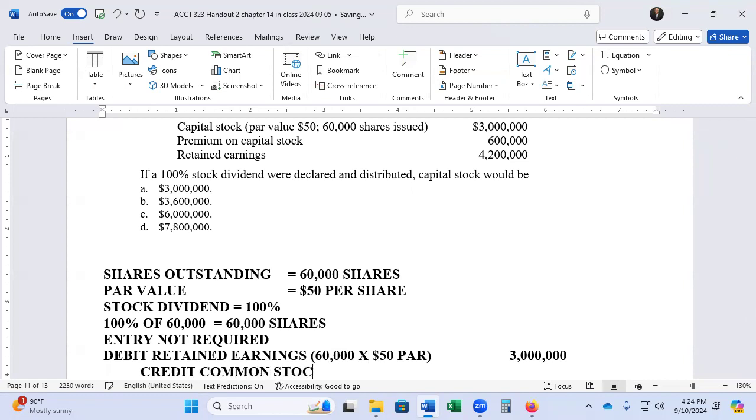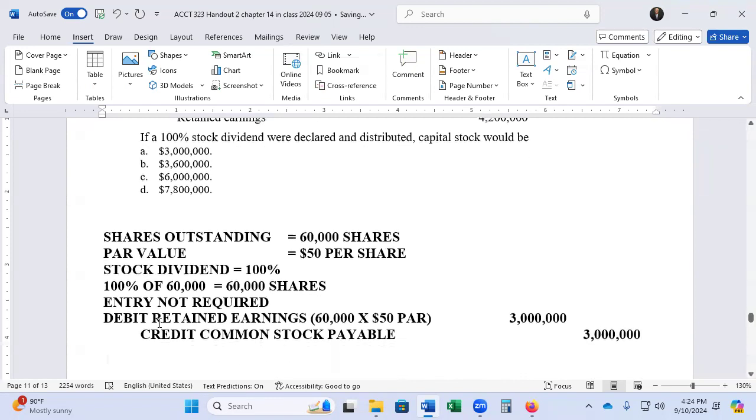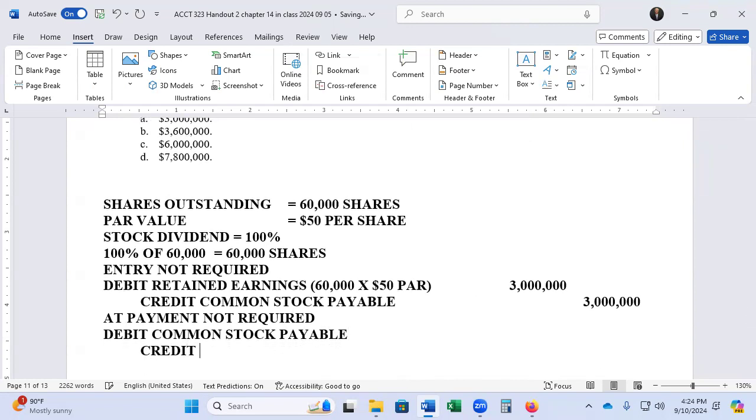To common stock payable. And then at payment would be debit common stock payable, and then I credit common stock, for both 3 million.